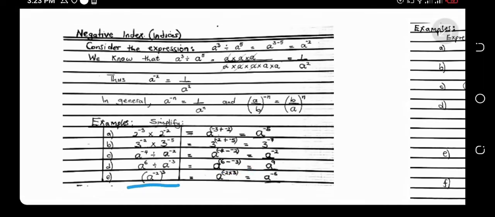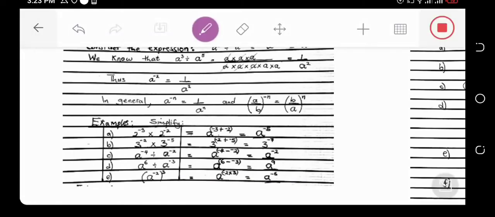Lastly E, these two powers on a are separated by a bracket, therefore we multiply them, and on multiplication we get a to power negative 6. Mostly our point of interest is the powers, these indices.